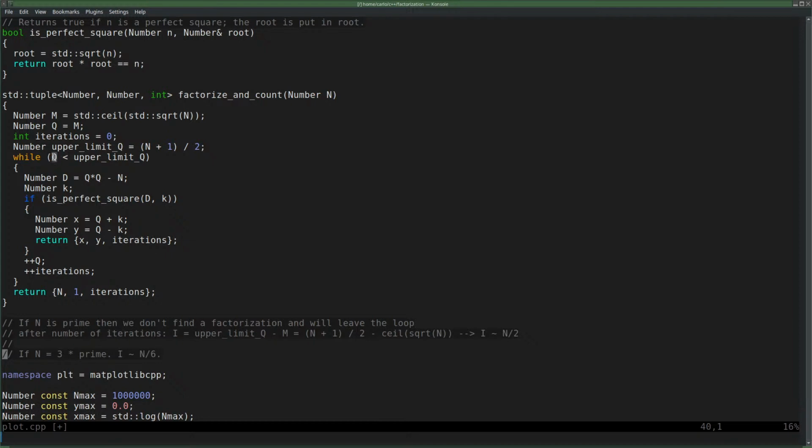So by the time that q is 1/3 of the upper limit, I get a perfect square because n is divisible by 3. What? Why?